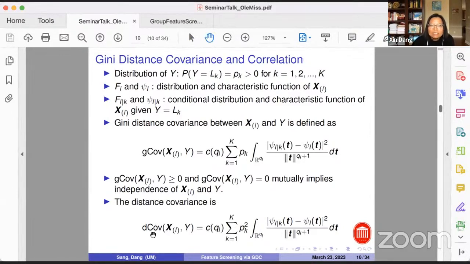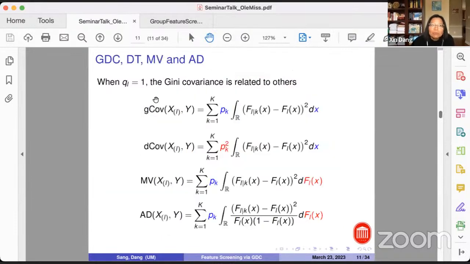We found the distance covariance for categorical Y has p_k squared here, so they are closely related. When Q_l is 1, meaning X is one-dimensional, the covariance can be written as the squared L2 distance between the conditional distribution function and the marginal distribution function.